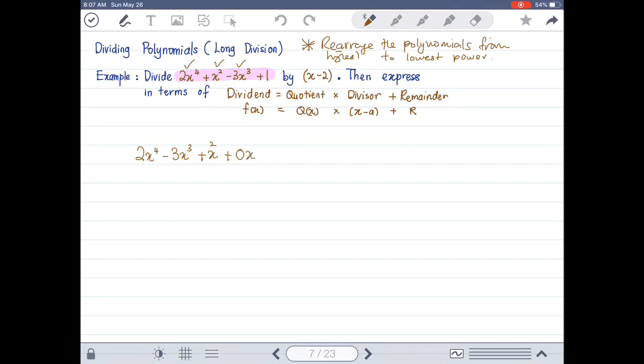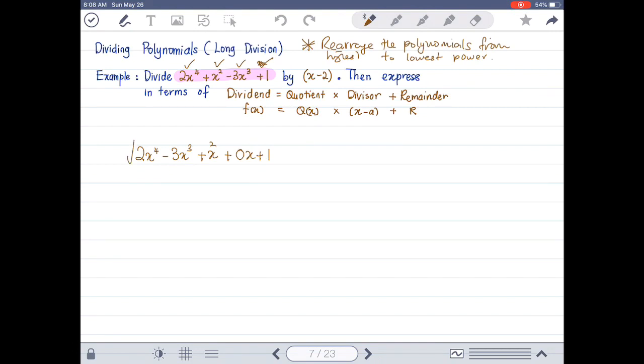Although we don't have any term with just x to the power of 1 in the original polynomial, we need to add the term by adding 0x before we do long division, and the last one is plus 1.